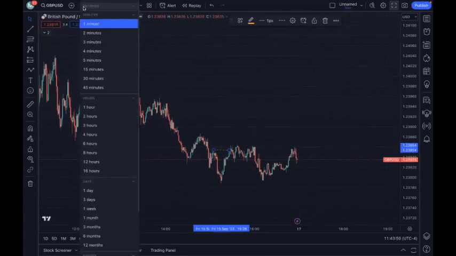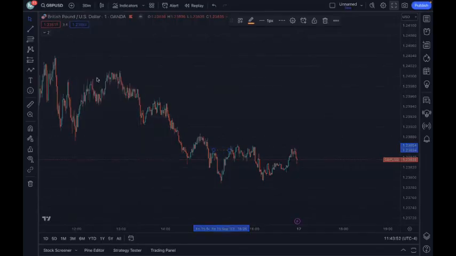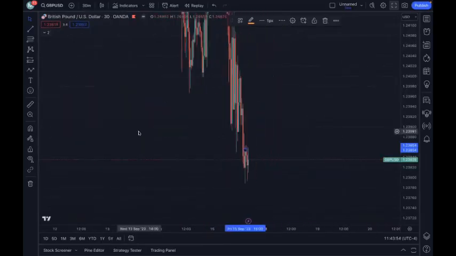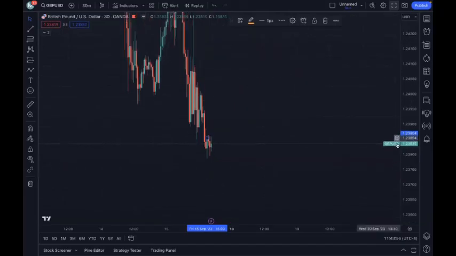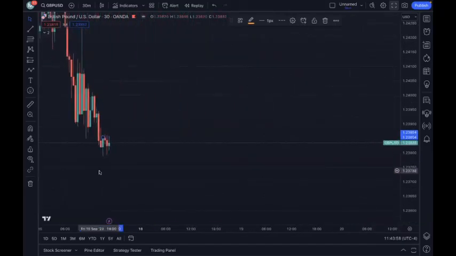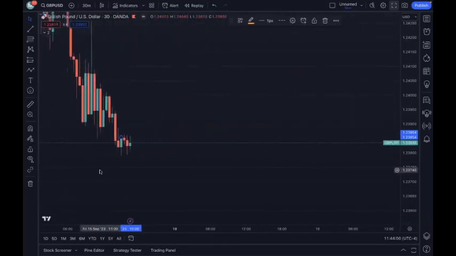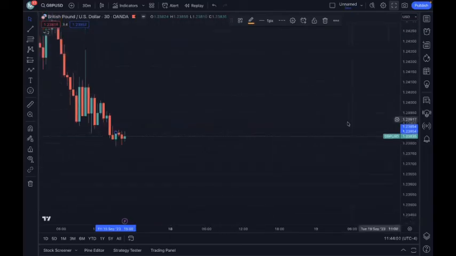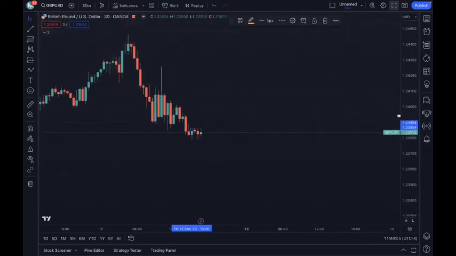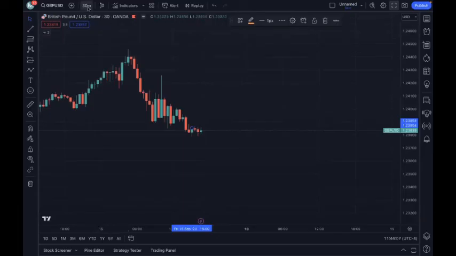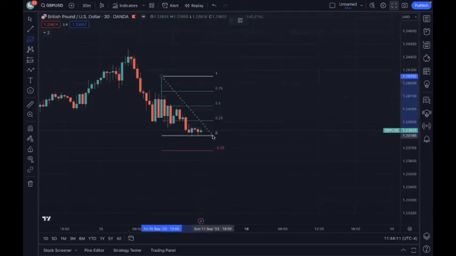Where am I catching the pullback to? I'm catching the pullback to 50% of the last move. So let's assume this was the last move from this last high to this low. Now, if I'm going to be buying, I'm going to be buying to 50%.